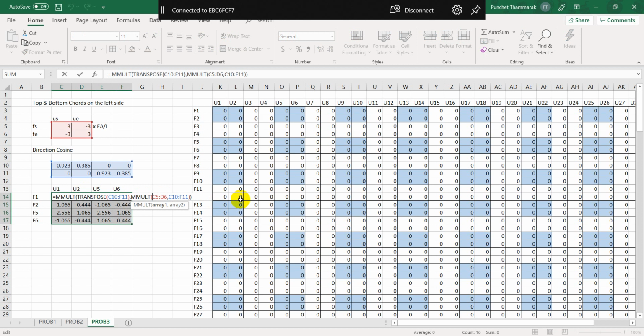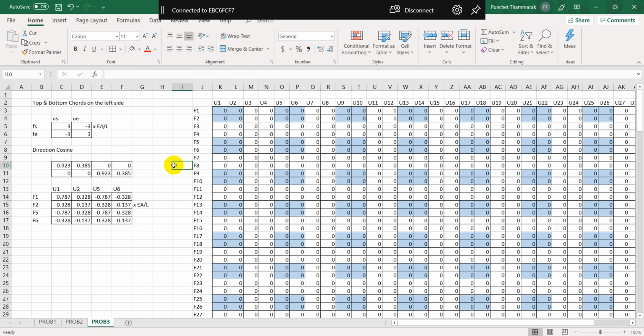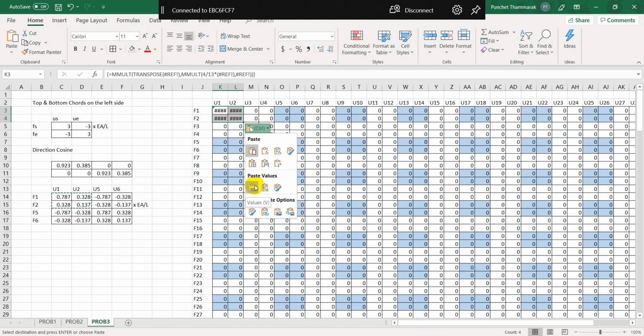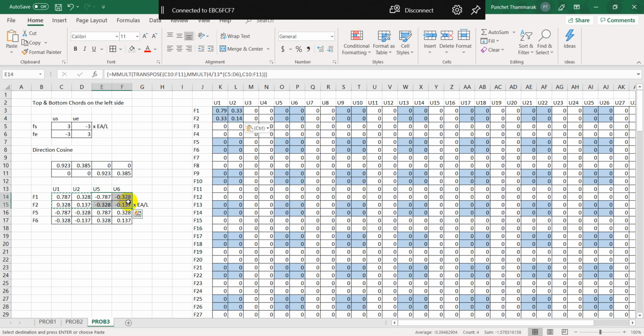Divide by, well, let's say multiply by 4/13. All right, that's it. Okay. So copy this in, value without formatting. U5, U6 is here. Same as here.